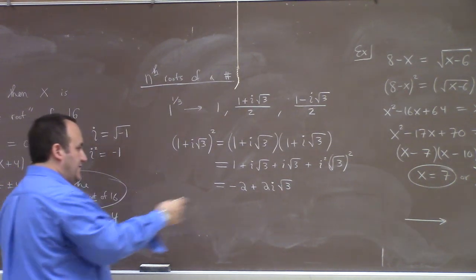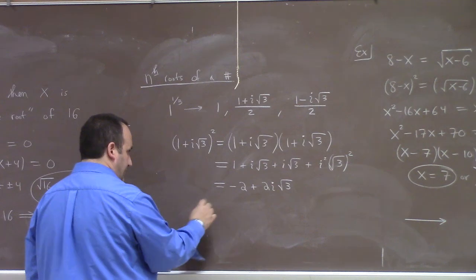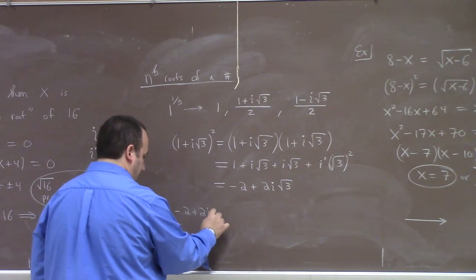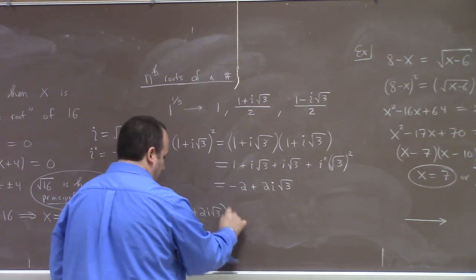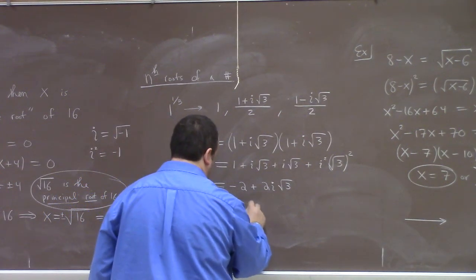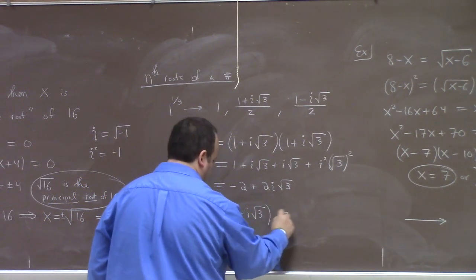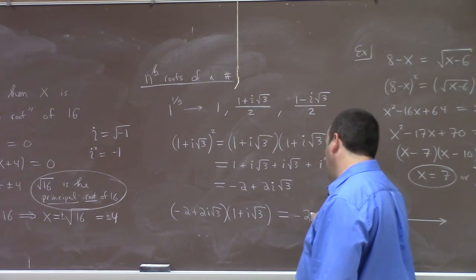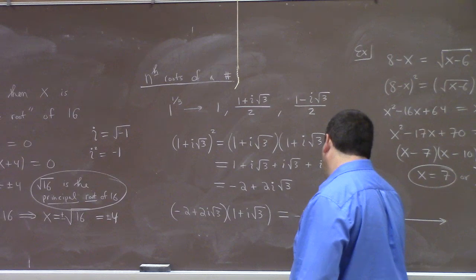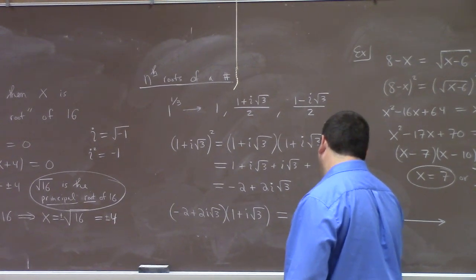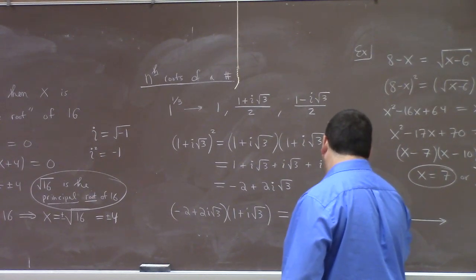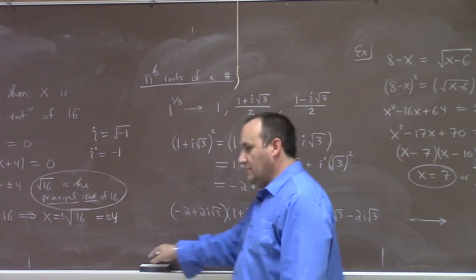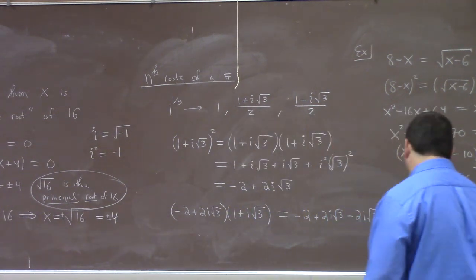Then what happens if we multiply this by 1 plus I root 3? So minus 2 plus 2I root 3 times 1 plus I root 3. What does that work out to? Minus 2 plus 2I root 3 minus 2I root 3. And what's that last term?